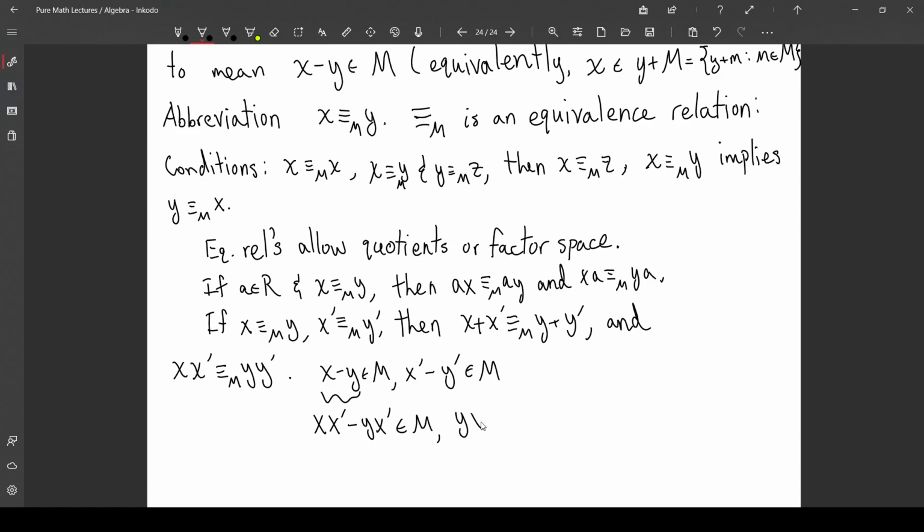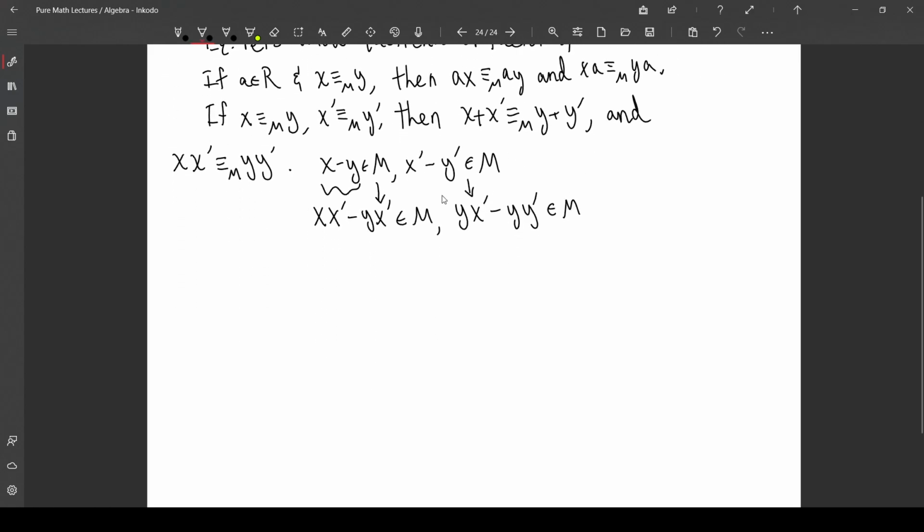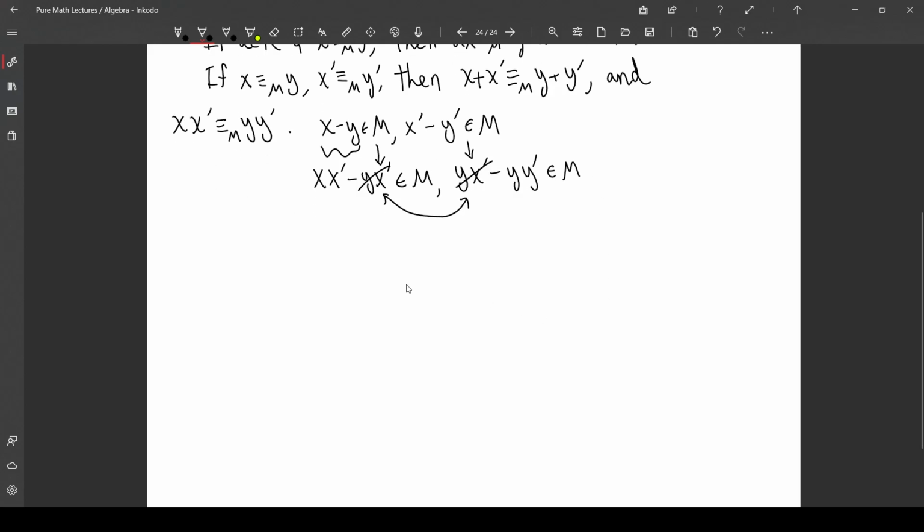So you get y times (x prime minus y prime) is in M. So here we've just multiplied, which clearly preserves the fact that we're in an ideal. And then we can add these two elements. When we add these two elements, this minus y x prime and this y x prime cancel out, and you're left with x x prime minus y y prime, which shows the congruence. Okay.